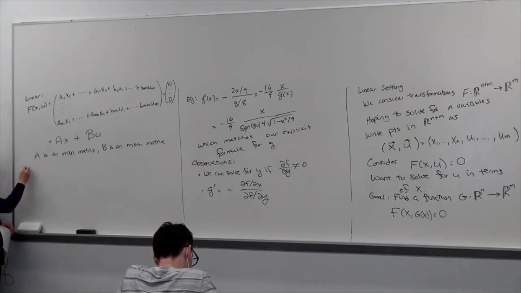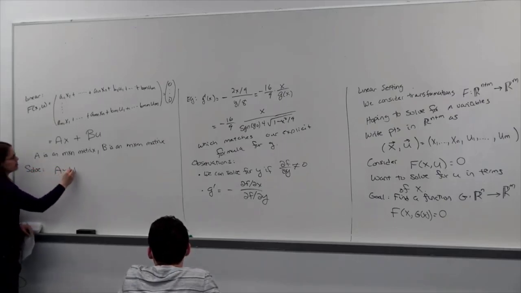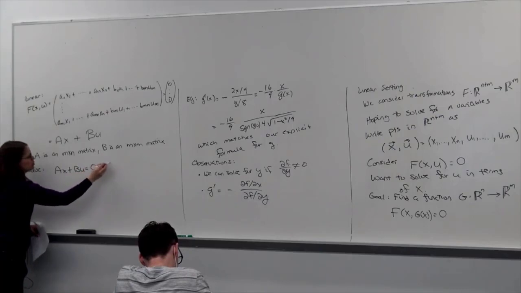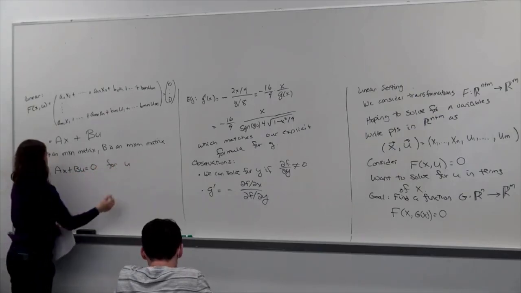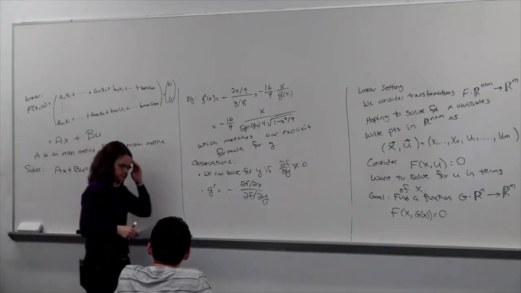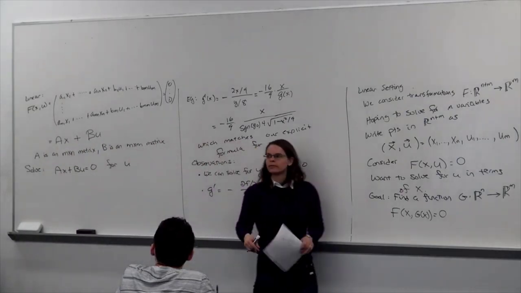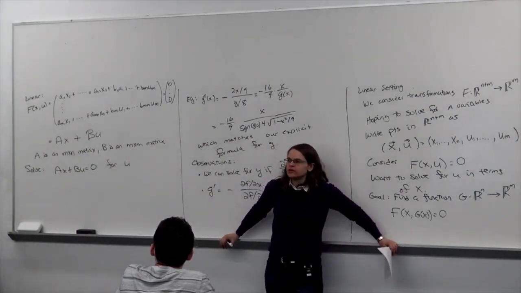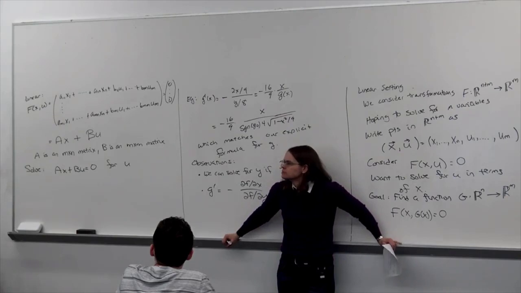Okay, so what do we want to do? We want to ask, can we solve Ax + Bu = 0 for u? So what's the condition that would let me do this? B is invertible.